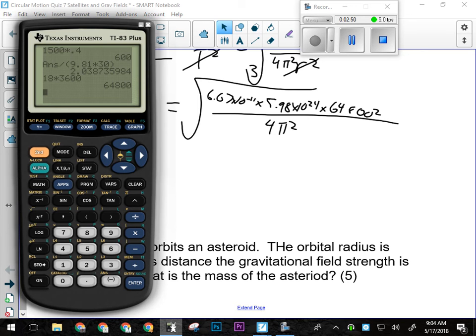So we will have 6.67 e negative 11 times 5.98 e 24 times 64,800 squared, and we're going to divide that by 4 pi squared.